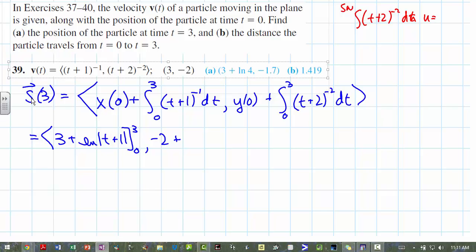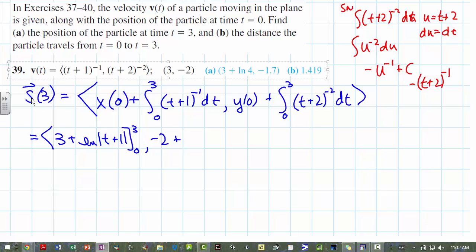I'm going to say u is equal to t plus 2. So therefore du is equal to dt, which means my rewrite is going to be u to the negative 2 du. Add 1, so u to the negative 1, reciprocal, negative u plus c, or negative (t plus 2) to the negative 1.